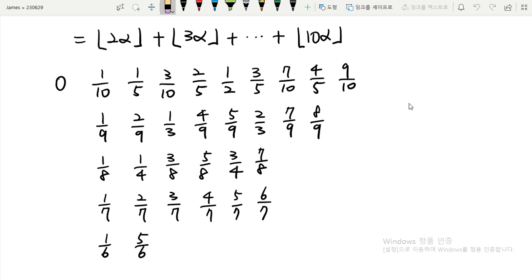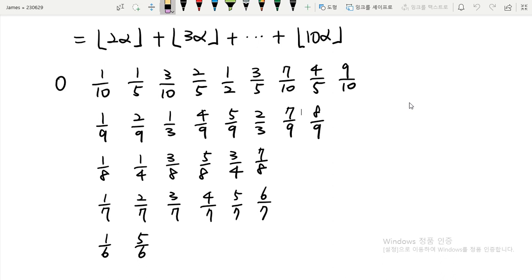I mean, 1/4 and 2/4 and 3/4, they are all included. So for the rest of the fractions, they are already included here. So these are all the fractions which make the sum of these floor functions have a distinct value.